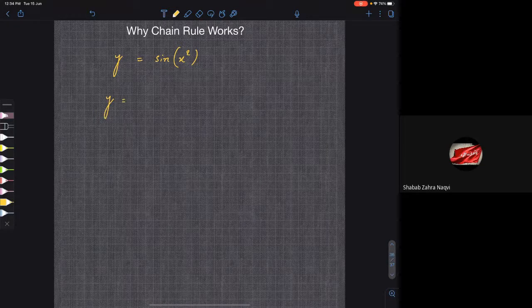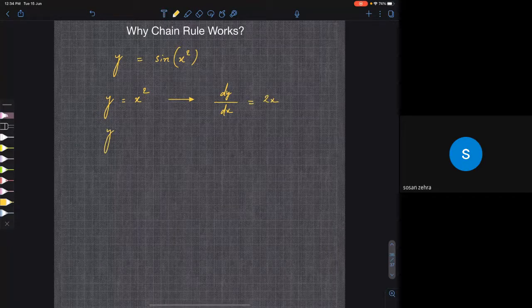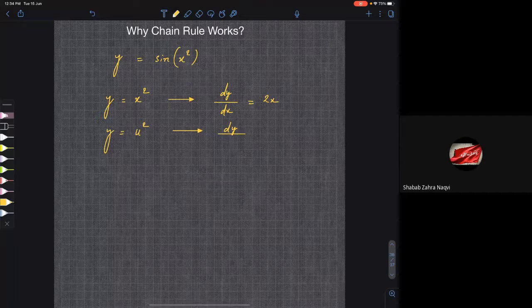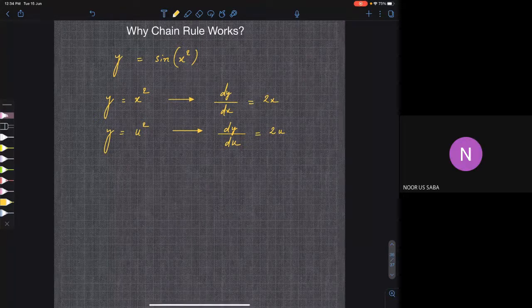Suppose y equals x squared, then dy by dx equals 2x. Now if y equals u squared, then dy by du equals 2u. If you change the variable there, you have to change the variable here also.